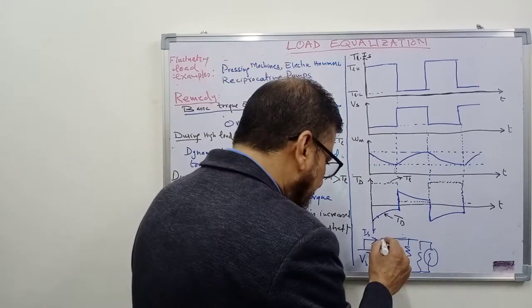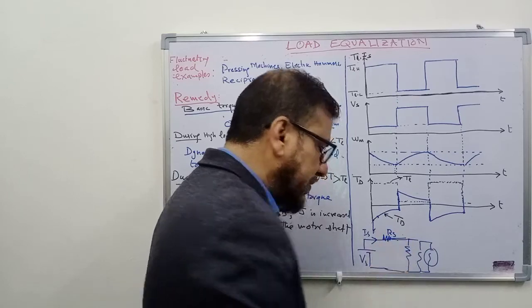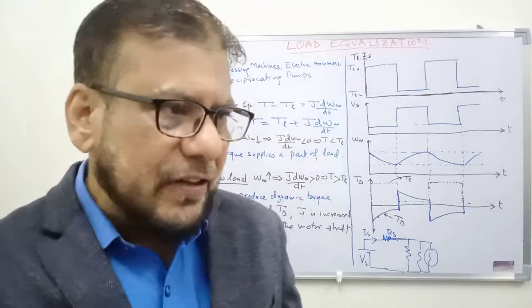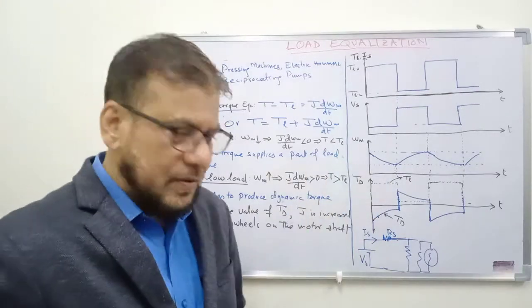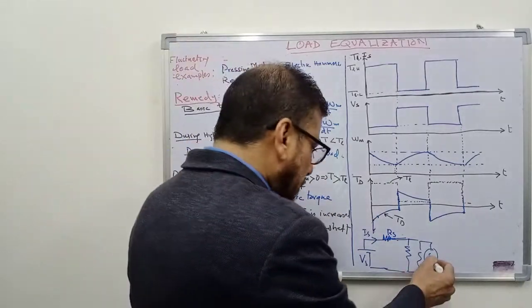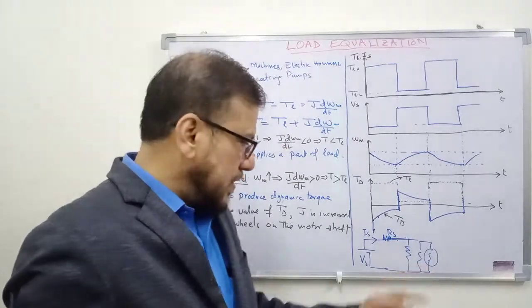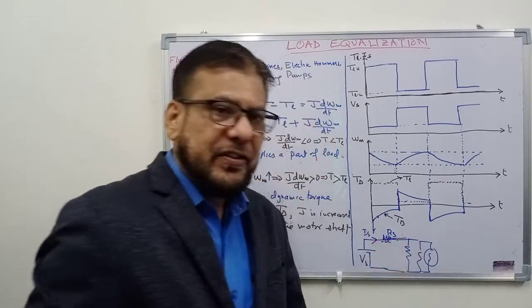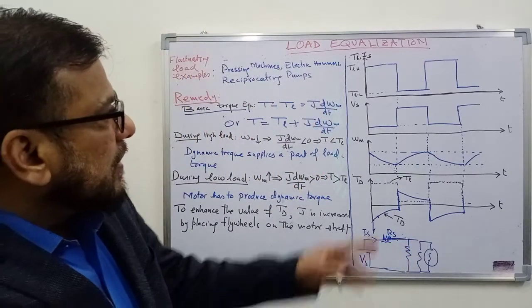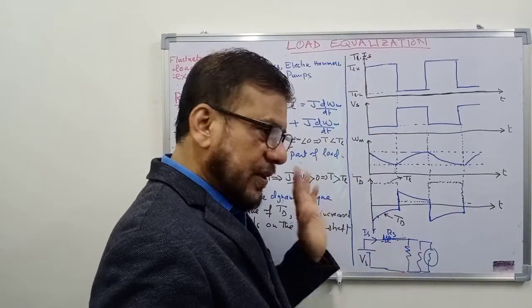Now if the line has a resistance Rs, every line will have some resistance, line resistance, and if that resistance is high, the weak line is there, or your load that you are operating here is very high in magnitude, then the voltage drop across the line resistance will also increase when the current is high, and it will become low when the current is low.